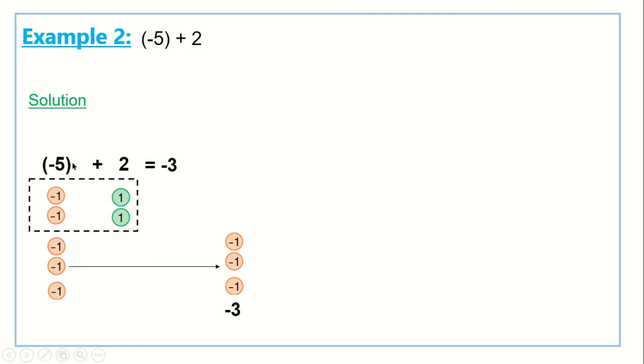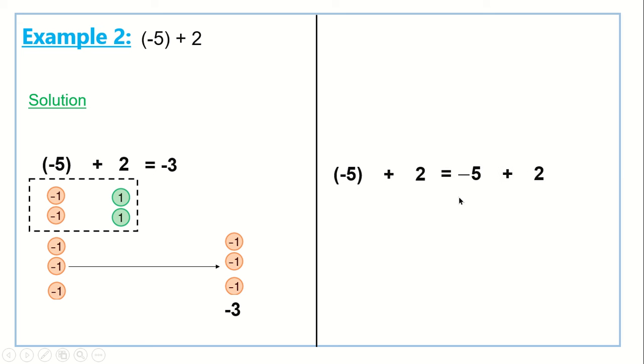So this implies that negative 5 plus 2 equals negative 3. We can also write this as minus 5 plus 2, which is the same as minus 3.